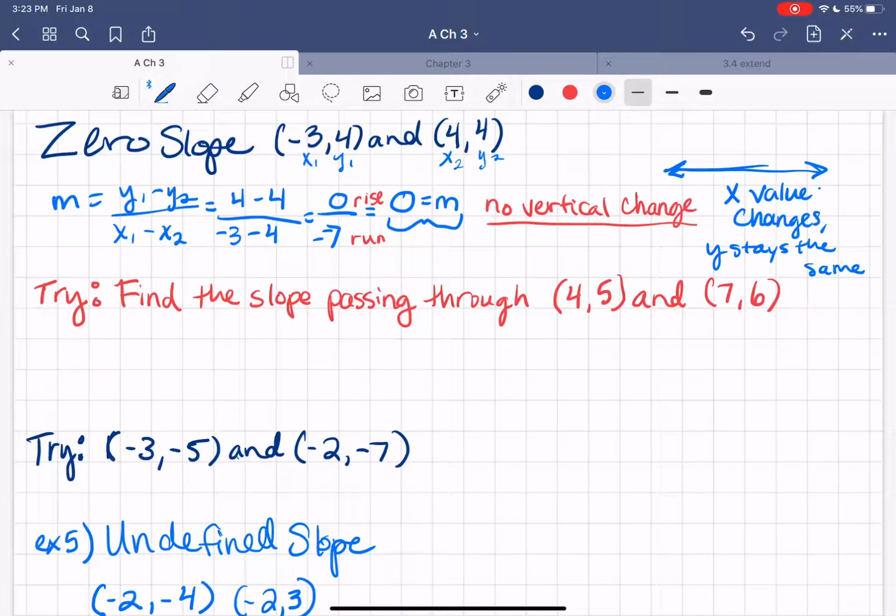All right, you guys. So here's a couple try problems for you. Go ahead and pause them. I will give you a hint. This one you should end up with a positive slope. This one you should end up with a negative slope. And then I guess I give you guys the answers usually on these, don't I?